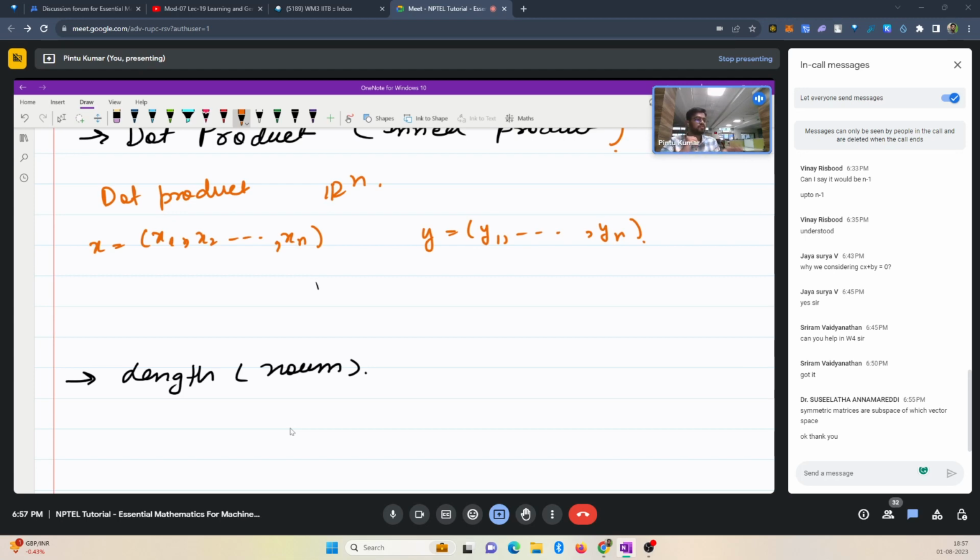There are other ways of defining multiplication, such as the cross product. But one way is called the dot product, denoted by a dot between x and y, and it is given by x1 into y1 plus x2 into y2 and so on. You multiply the first element with the first one and then you add them. This is called a dot product.